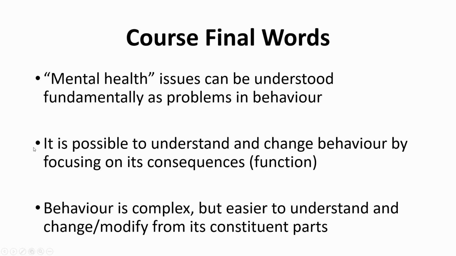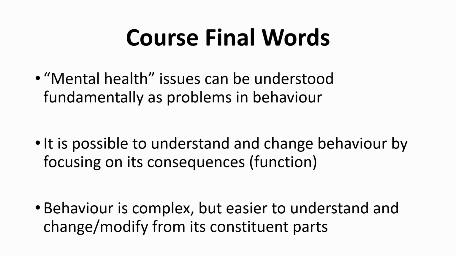I should move on to point 2, which says that it's possible to understand and change behavior by focusing on its consequences or the function of that behavior. So we've framed a lot of problem behaviors based on what outcomes, what consequences are maintaining that behavior. So if there's a consequence that's maintaining a problem behavior, then maybe we change that consequence.